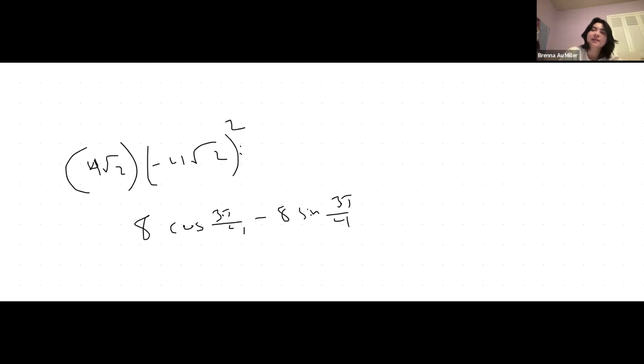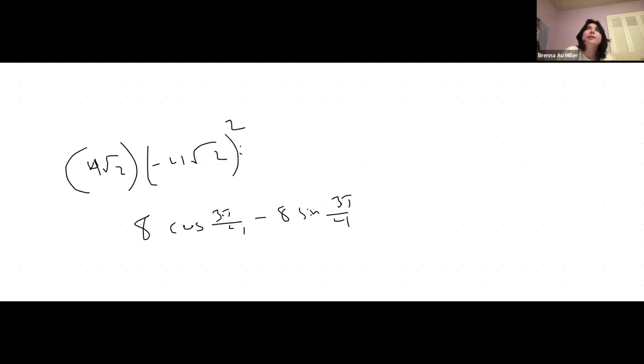And then there were a few things on exponential form, but that one's easy if you have the polar form. And then there was one where they give you three complex numbers and you have to make an equation out of two of them to find one of them. I think I did fine on that.